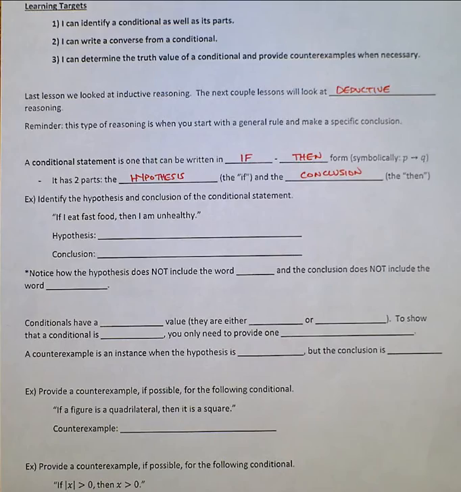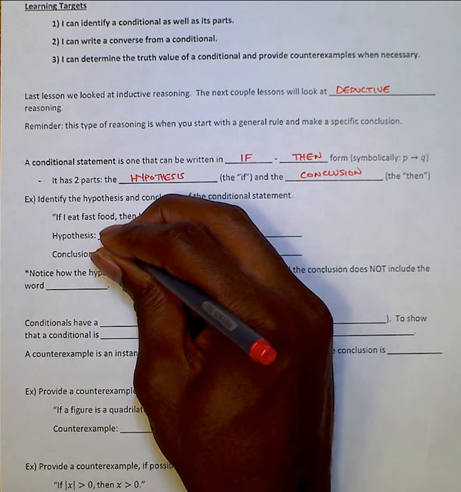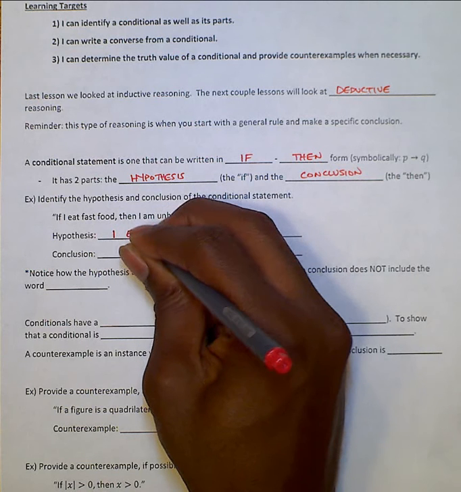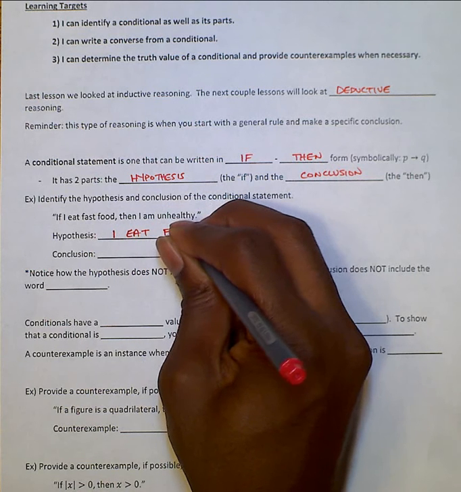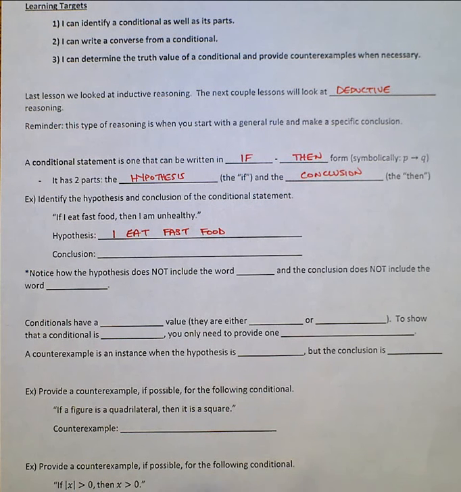Here's an example of a question you might be asked. Identify the hypothesis and the conclusion of the conditional statement: if I eat fast food, then I am unhealthy. The hypothesis would be, I eat fast food, the part that follows the if but is also before the then.